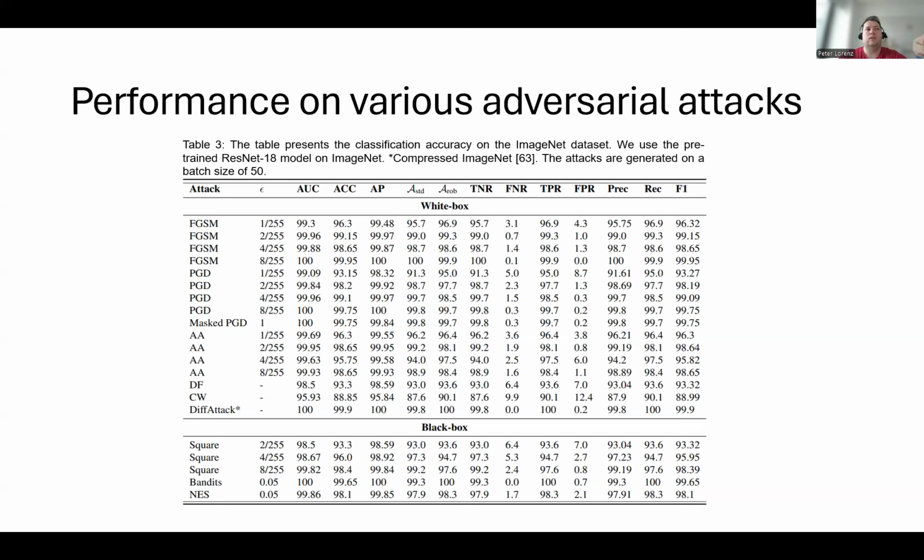We have over 99% accuracy, close to 100. This might be because the TIFF attack also uses the DDIM pre-trained weights, as we do for the transformation. On black box attacks, we also have an accuracy over 90%. Just to show the efficiency of our detector on more attack methods.